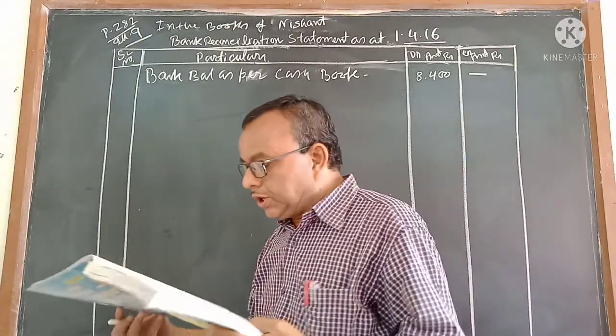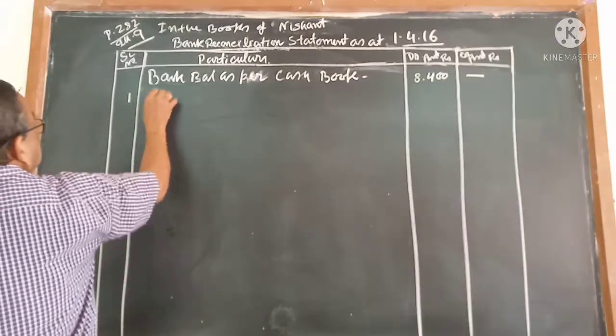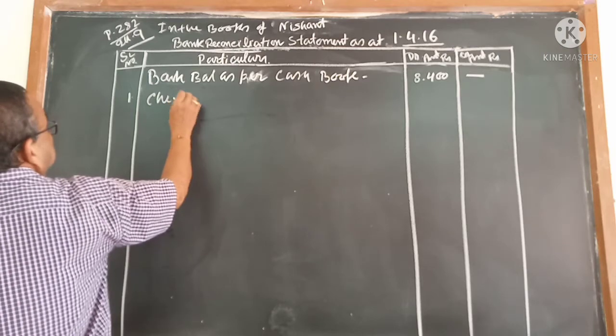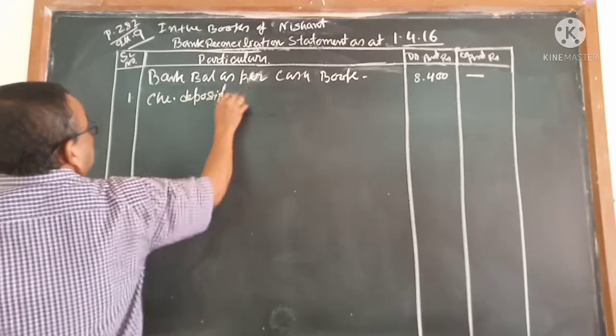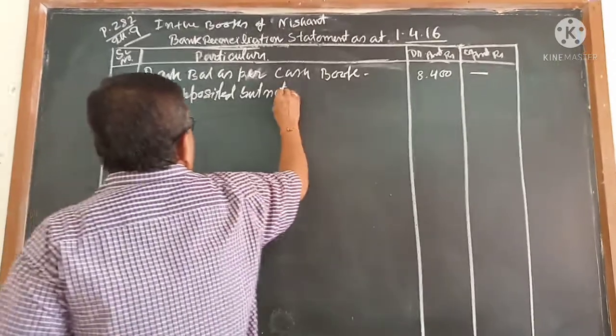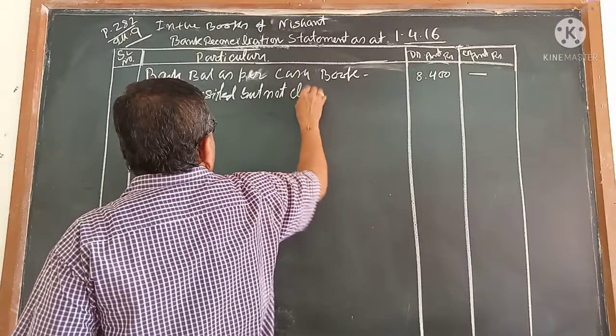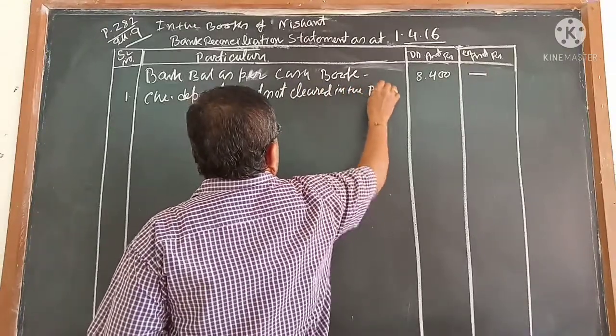That means check deposited but not cleared. So we write here number 1, check deposited but not cleared in the passbook.